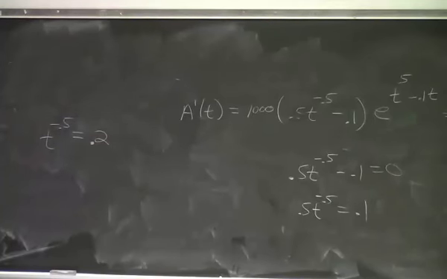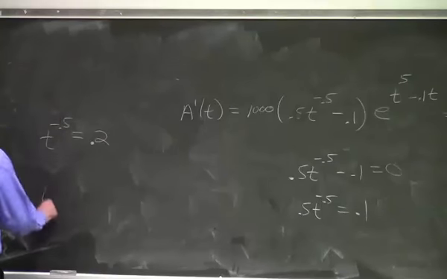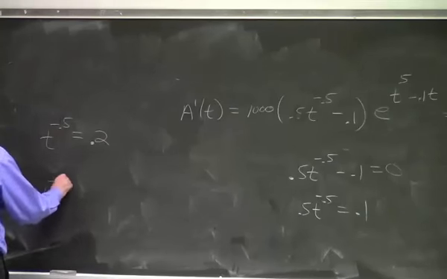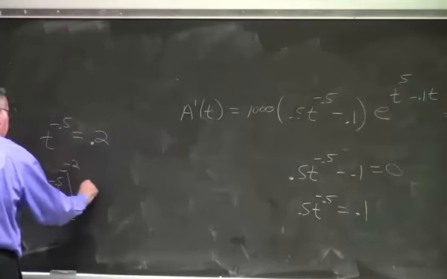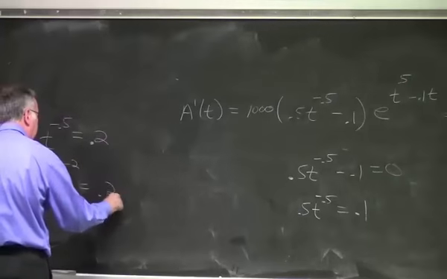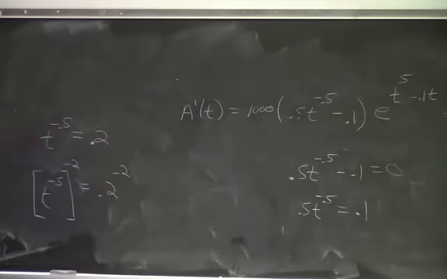Okay. Now, if we raise both sides of this equation, this is t to the minus 0.5, to the minus 2 power, we get t equals 0.2 raised to the minus 2 power.